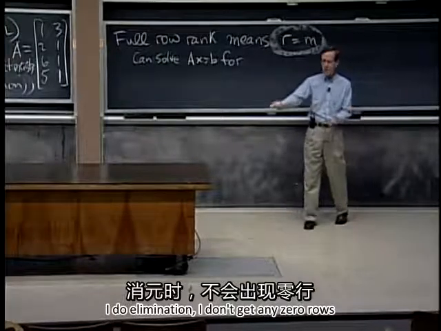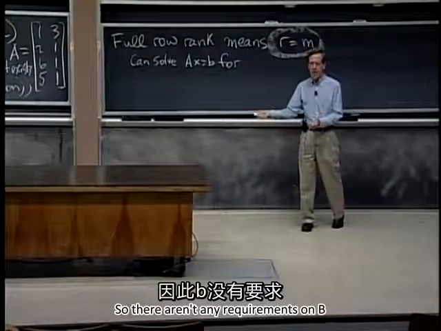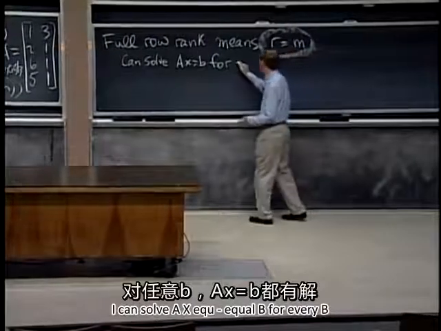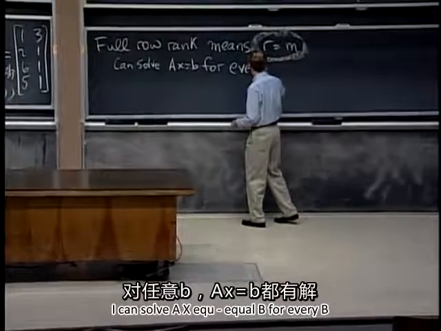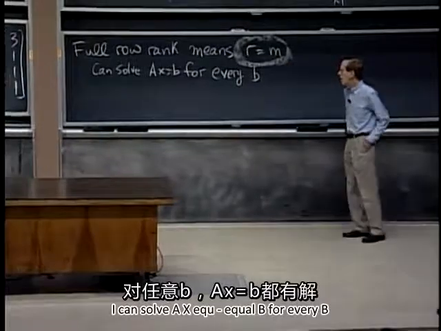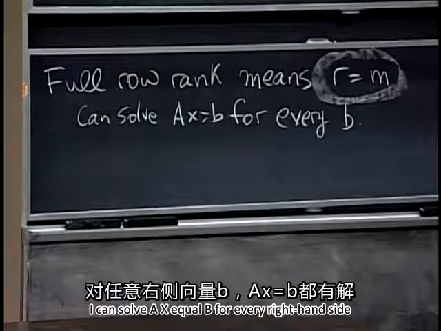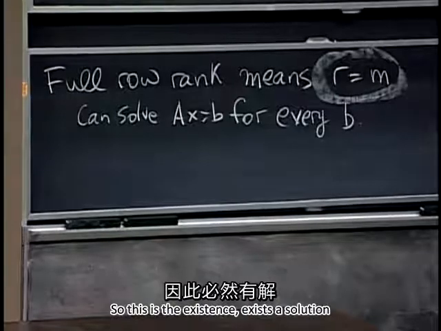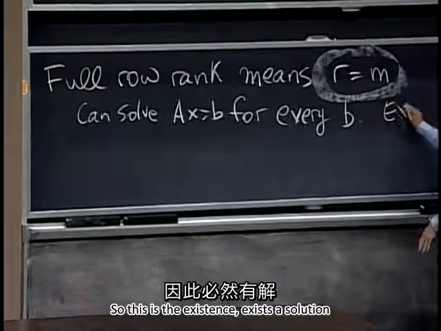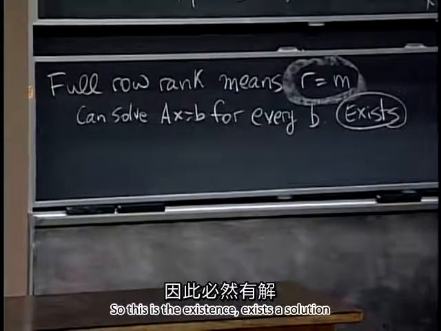I don't get any zero rows. So there aren't any requirements on b. I can solve Ax equal b for every b. I can solve Ax equal b for every right-hand side. So this is the existence. Exists a solution.